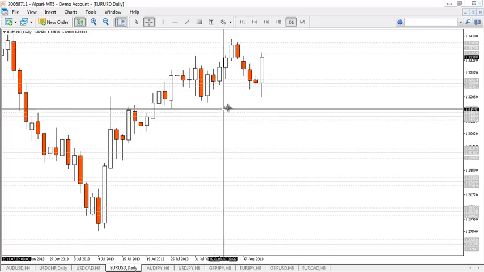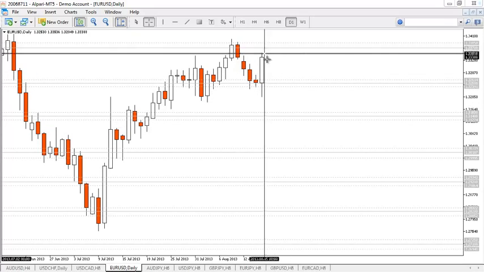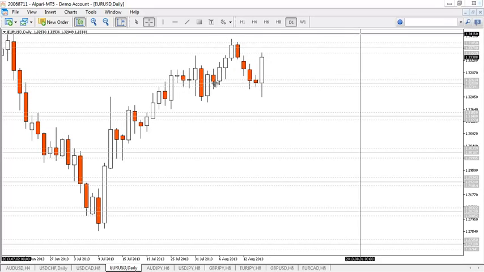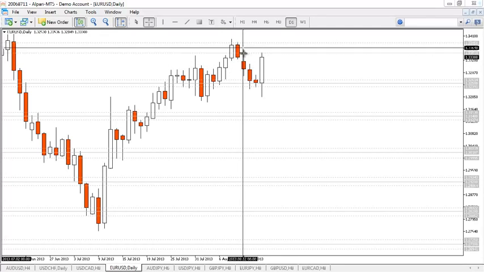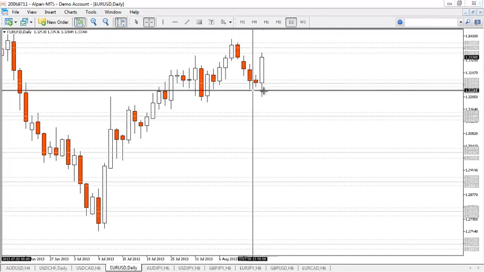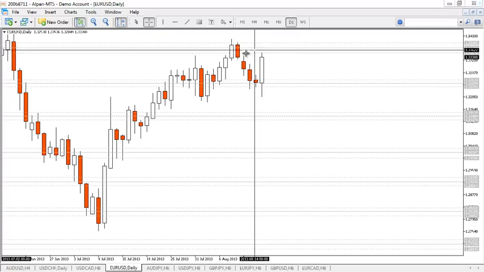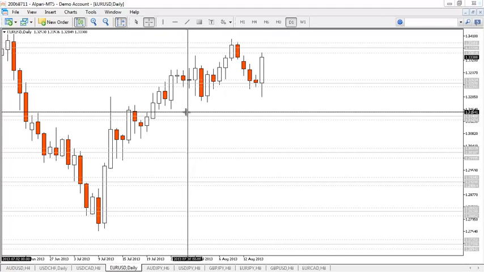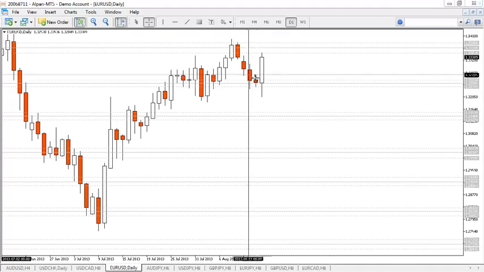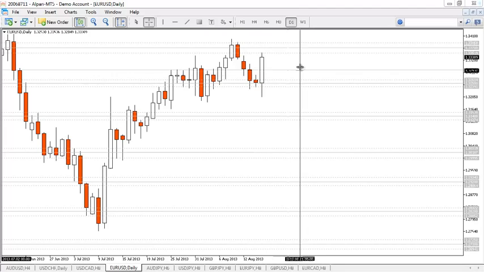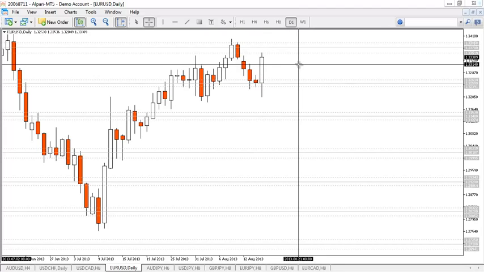So a lot of these reversals form because the news is being factored in. So price is moving down, then the news starts getting factored in, and reversals start to form. Some of the reversals that form are forming because the news is coming and the market's reacting to what that news is going to be released as.